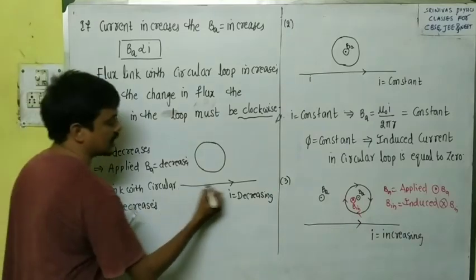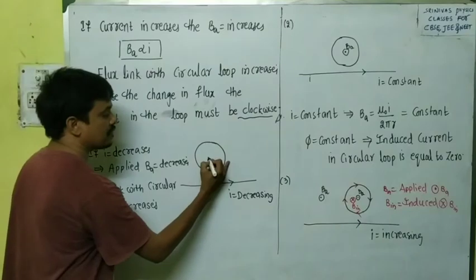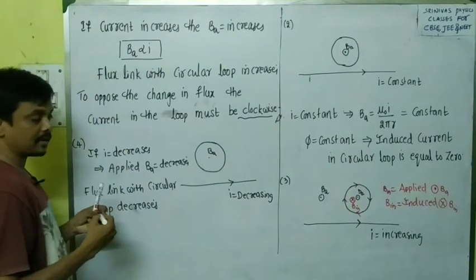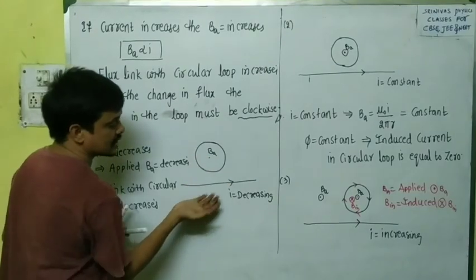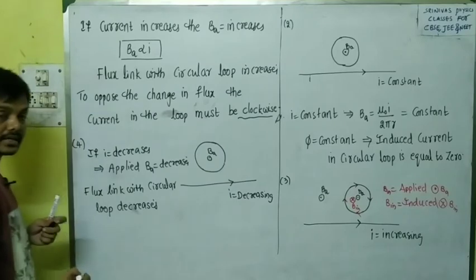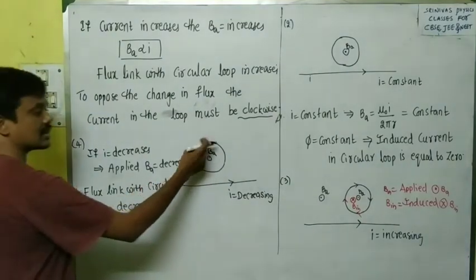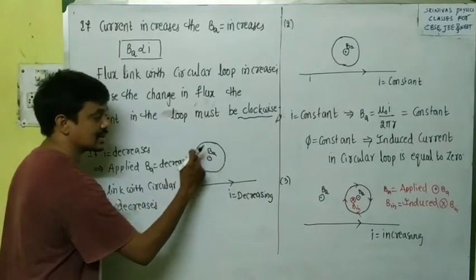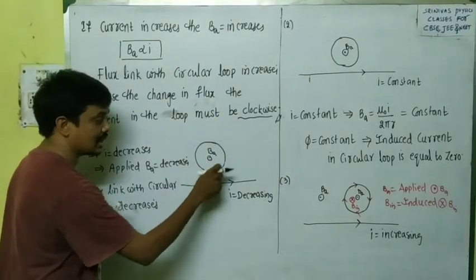Look here, the current is decreasing, so the applied field will be there. What is the applied field direction? The current is to the right side, so the applied field is outward. The applied field BA decreases. When the applied field decreases, the applied flux with the loop also decreases. When the applied flux decreases, the flux is changing, so a current will be induced in this loop.